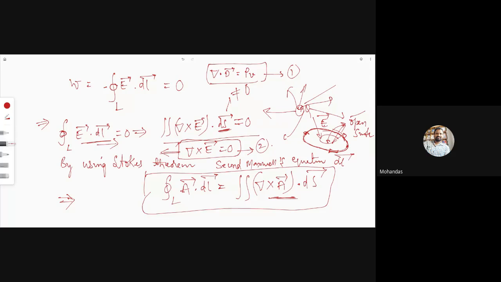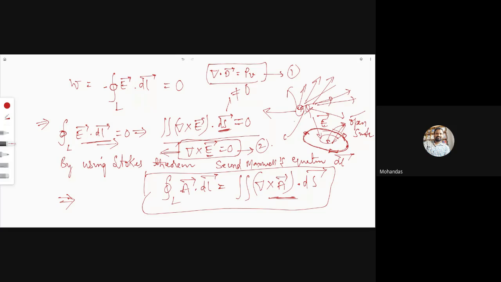Why? First of all, what is the meaning of the curl? Curl finds the rotational nature of the electric field. That means if you apply curl to the electric field, that will be 0. Because what is the nature of these electric field lines?